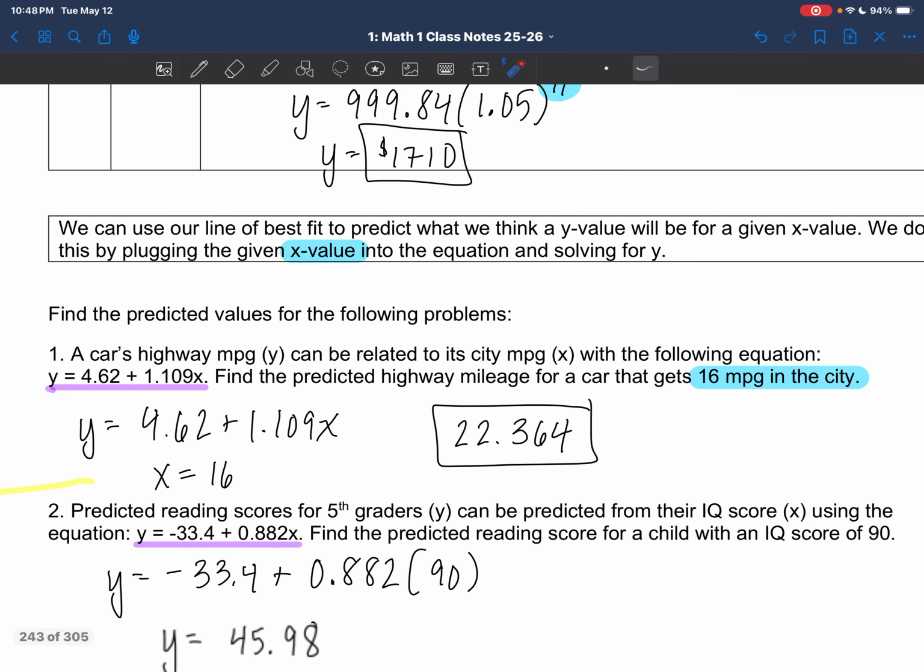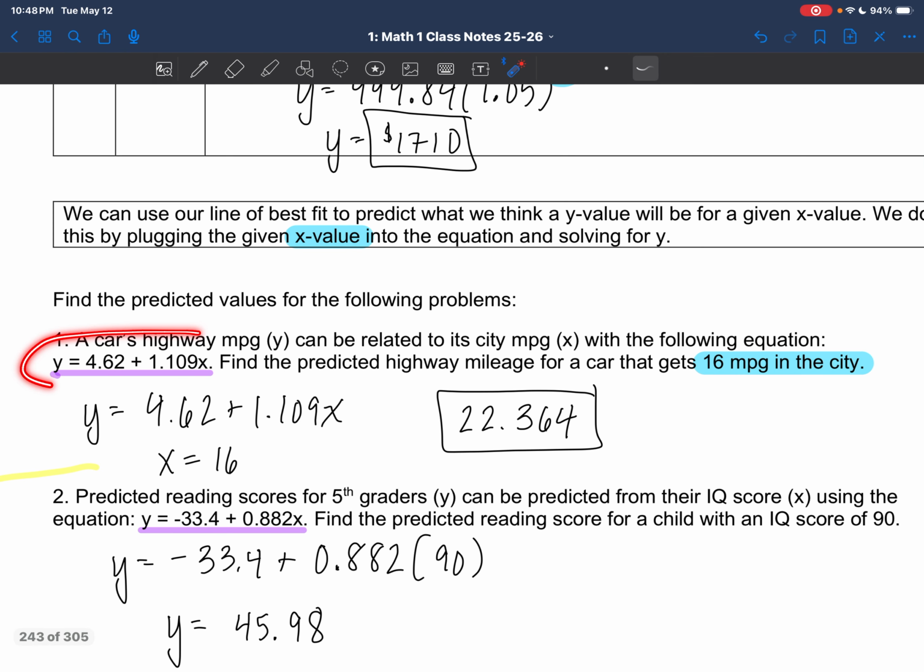All right, so now what we're going to do is it gives us an equation, and we're going to predict values. So we're going to have the car's miles per gallon can be related to its city, so highway versus city, with the following equation. Find the predicted highway mileage so the car gets 16 miles per gallon in the city. So that's your X. So what we're going to do is we're going to go wherever X is.